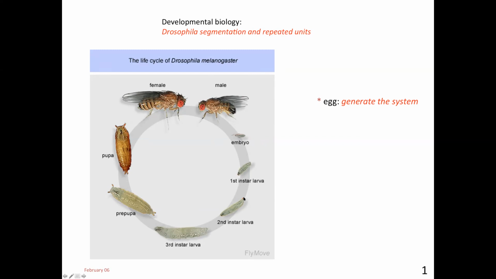From the embryo, the first instar larvae hatches, and that in 3 days grows exponentially to a third instar larvae, which then enters a pupa, stages of pupal development, and then transitioning into an adult from here on.